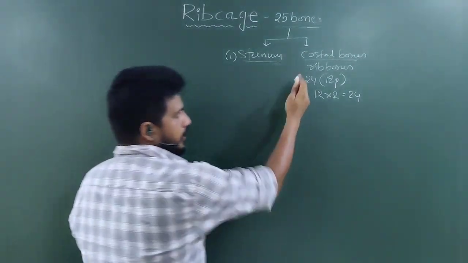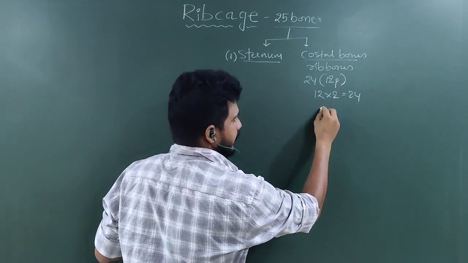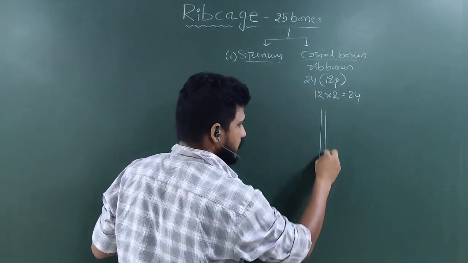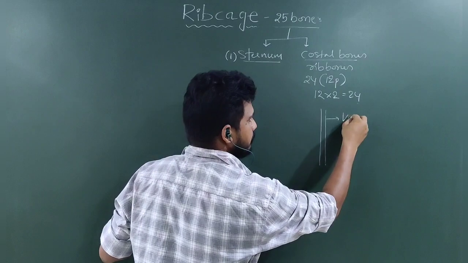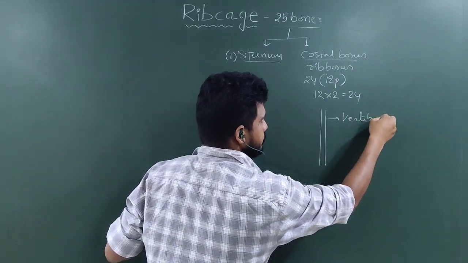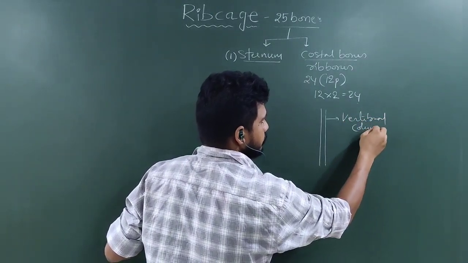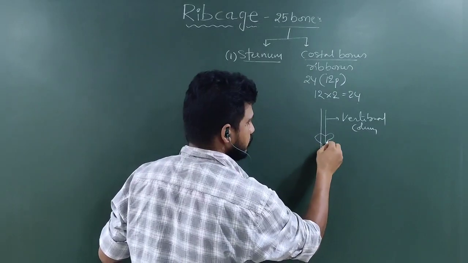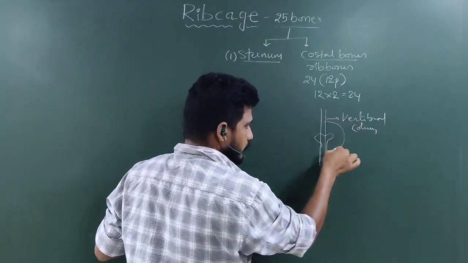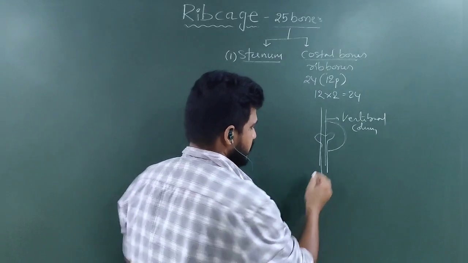Generally, the rib bone connects dorsally to the vertebral column and ventrally to the sternum.